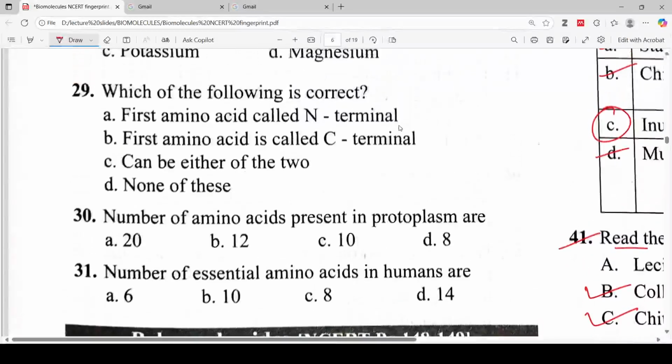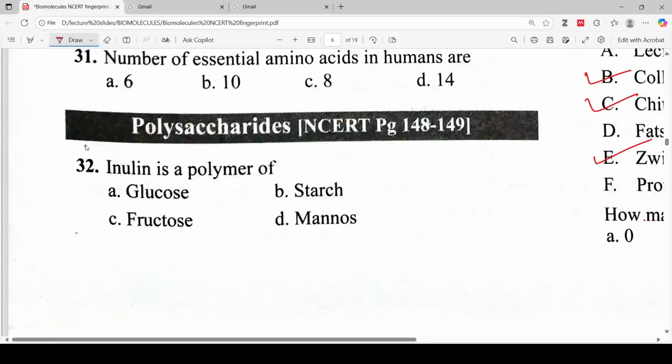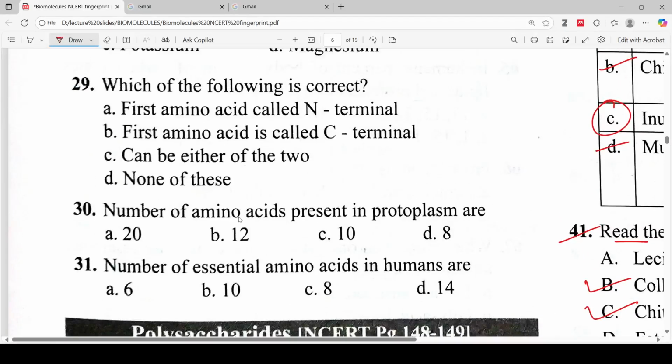Inulin is a polymer of. Option C will be the correct answer. Let's move to the next question. Number of essential amino acids in humans are.